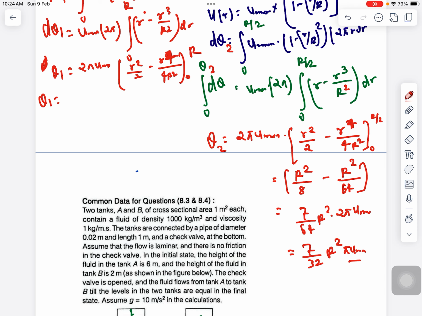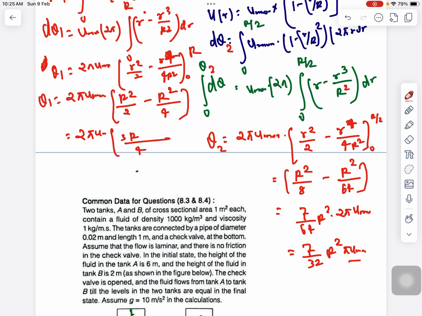and obviously 0 to R. So Q1 can be written as 2 pi u max into, if I substitute, R square by 2 minus R square divided by 4. So finally you can write 2 pi u max into, if this is 4, so you can write 3 R square. So that can be written as pi u max into 3 by 2 R square.